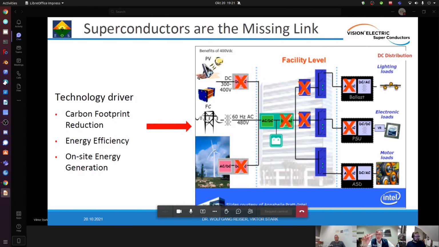If you look at this small bundle of superconductors coming out of this conductor, it can carry today between 30 and 40 kiloamp, 40,000 amps. Without any losses, it is very easy to bring high currents at low voltage to any place in a data center.